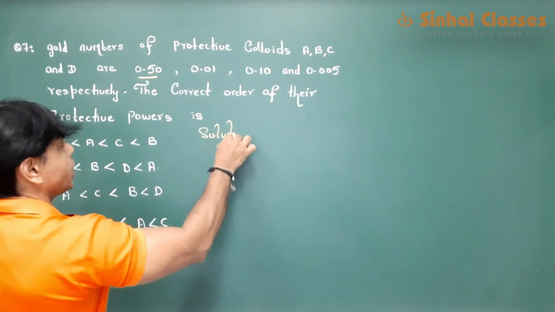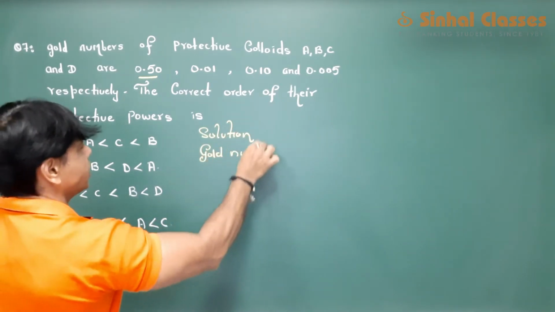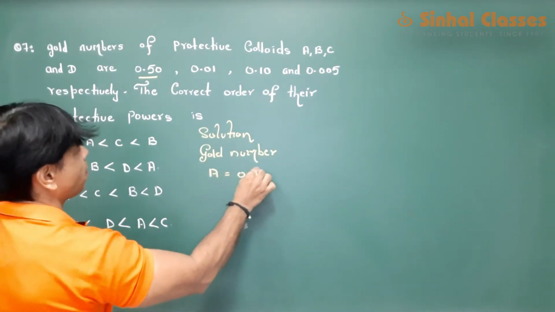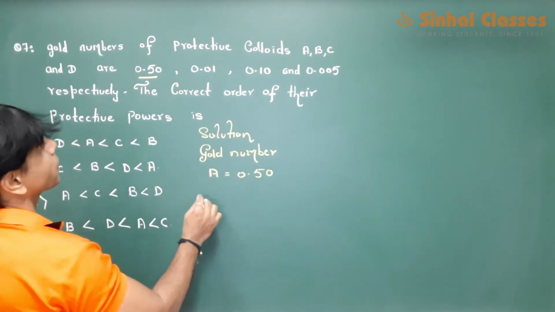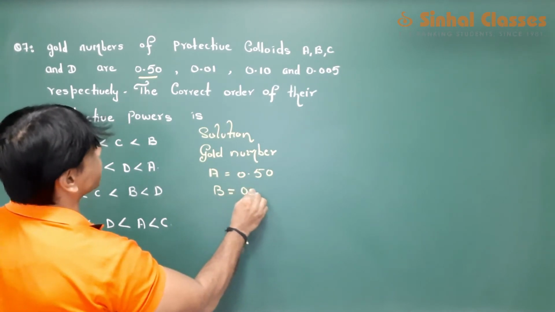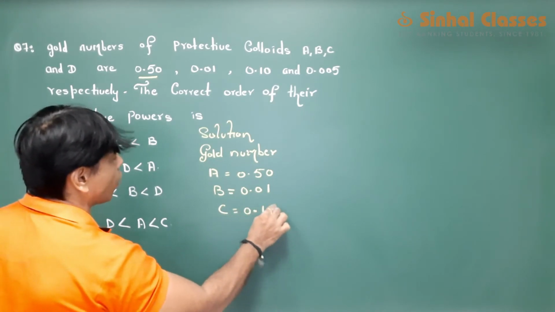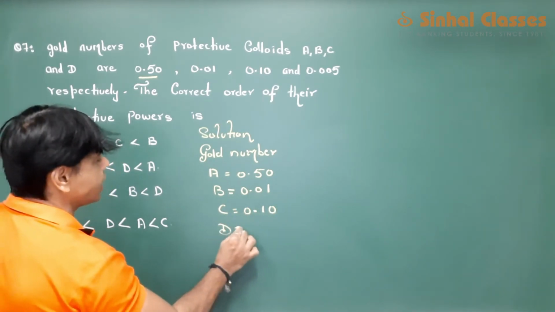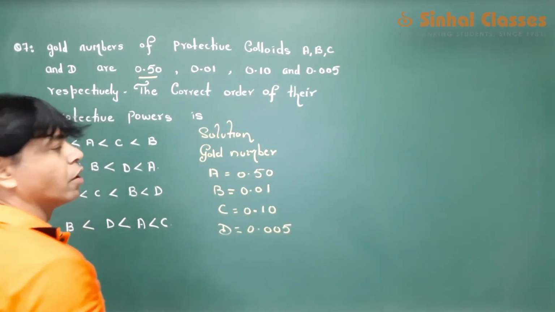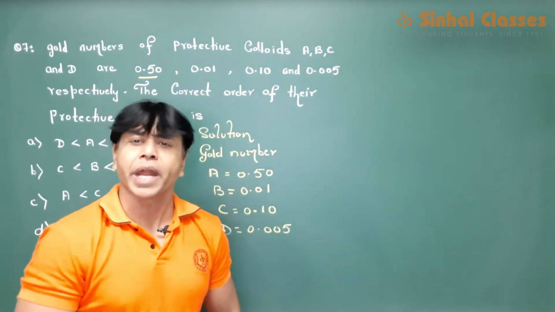The gold number given to us for A is 0.50 and for B it is given as 0.01 and for C it is 0.10, whereas D it is 0.005. Now, what is the relationship between gold number and protective power?